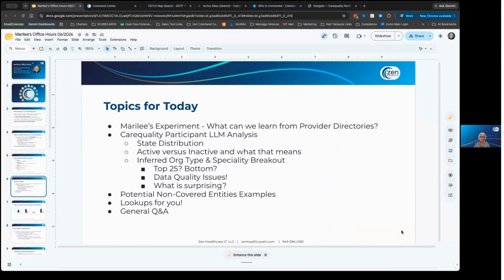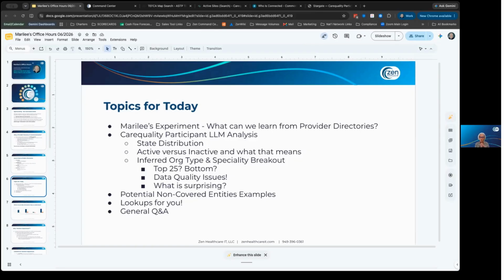I want to talk for a second about one of the things that I'm going to be talking about on this call, because I've had all this provider directory information on my mind. I've been thinking about what we can learn about the information in a really big provider directory like Carequality.